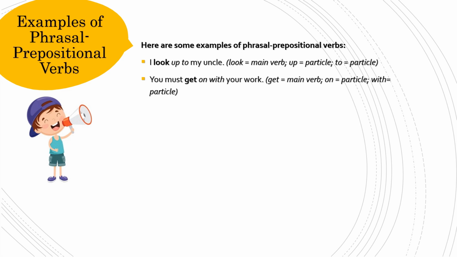You must get on with your work. Where get is the main verb, on is the particle, and with is the particle. Let's catch up with John next week. Where catch is the main verb, up is the particle, and with is the particle.